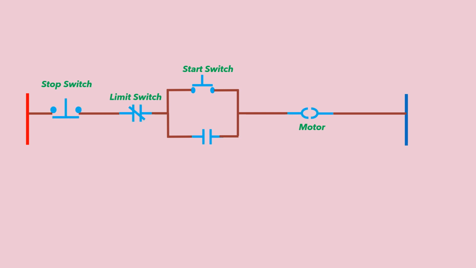When this relay is energized, the contact breaks and the motor will stop. Also, if we want to stop the motor in between, when we push the stop switch, the circuit gets broken and the motor will stop. So using this arrangement, we can get the operation we want, and this is the ladder diagram of that problem.